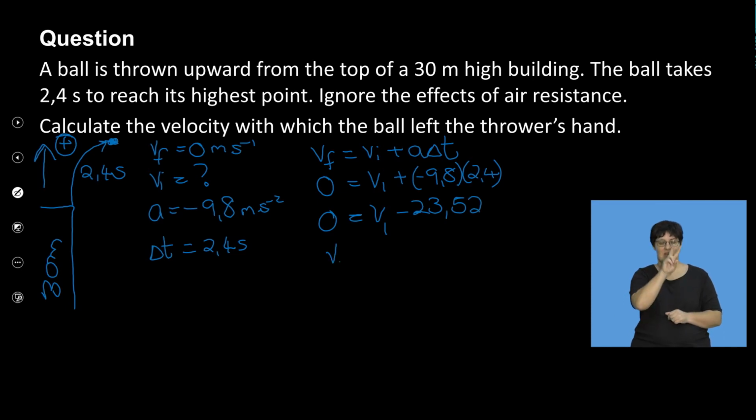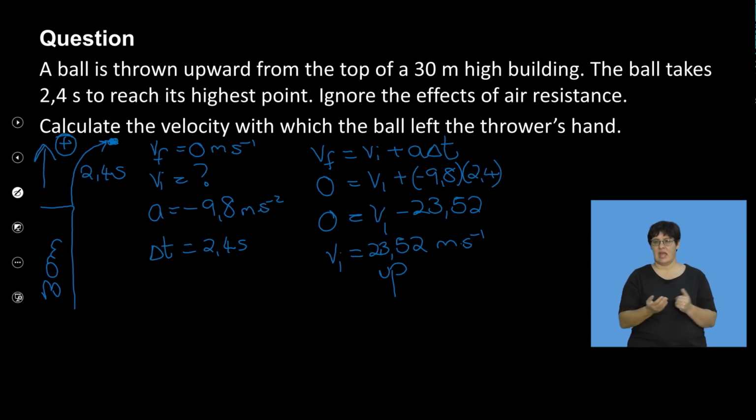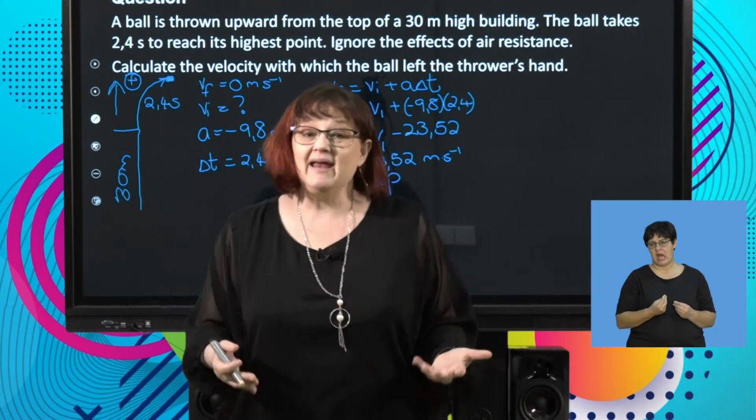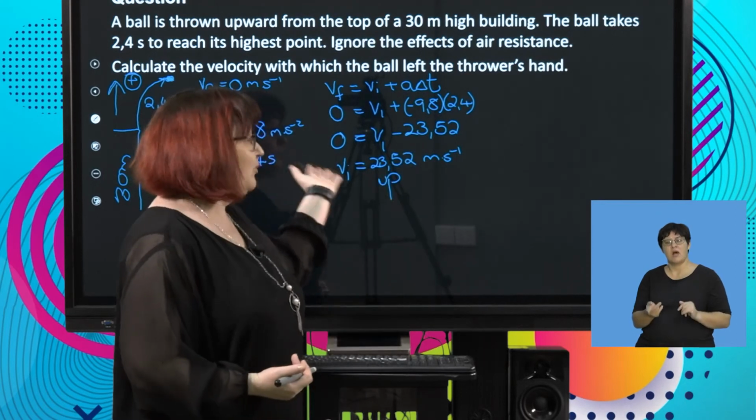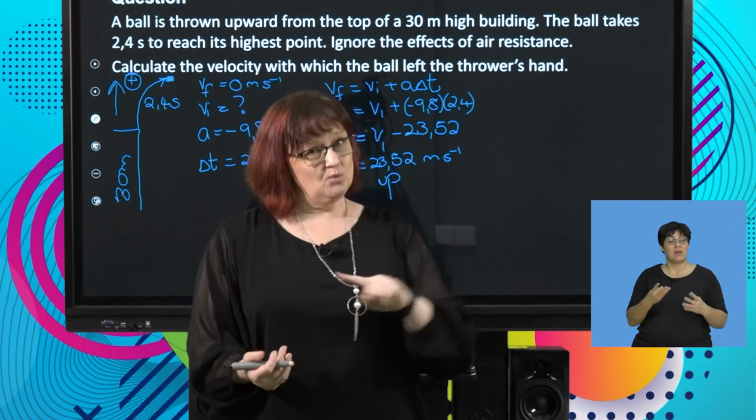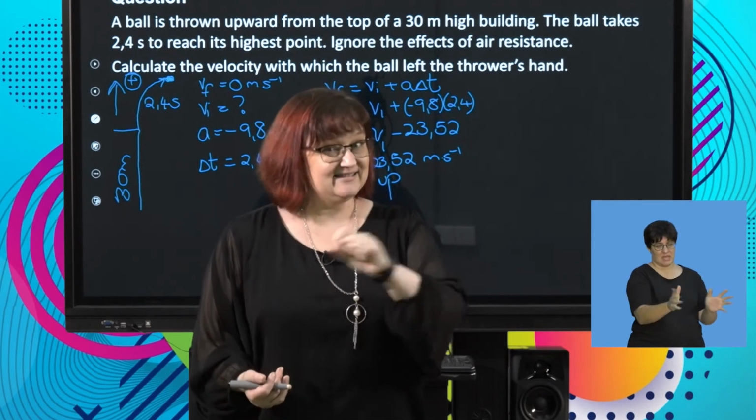Therefore, this is going to be 23,52 meters per second up. Please don't expect that every equation of motion that you're going to get in this is going to be some sort of trick, because it's really not. Okay, look at the mark allocation. This is only worth 3 marks, means 1 equation. Let's get to the next one.